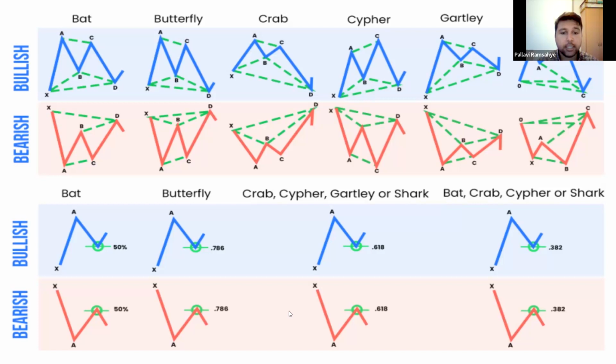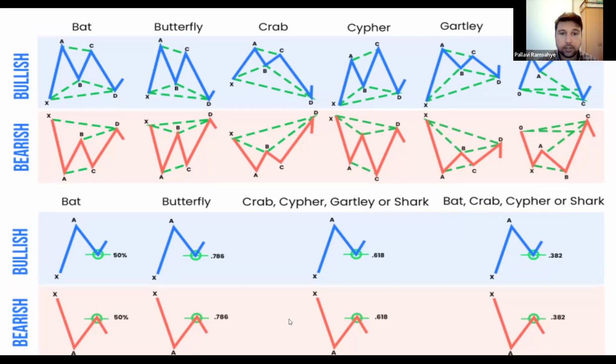What number are we looking for that retracement to come to? 786, perfect. Anybody else? 786, okay, no problem. That is correct, 786. That's the butterfly pattern, right at this section here.